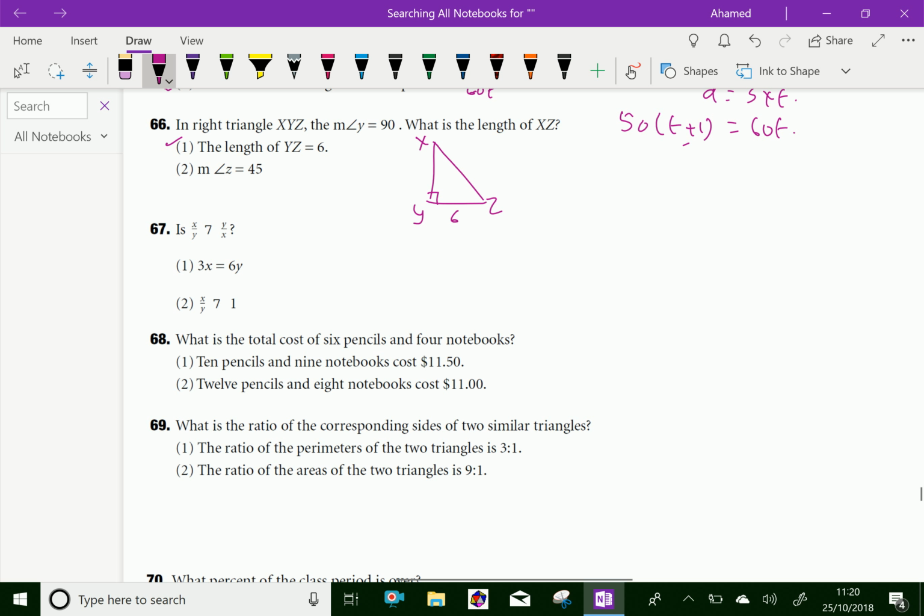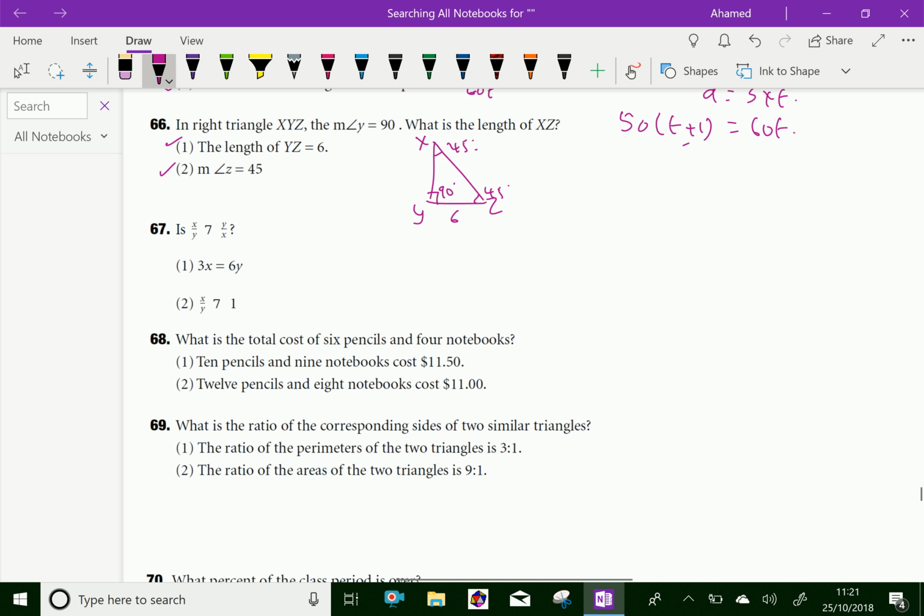Statement 2 says angle Z equals 45 degrees. If angle Z is 45 degrees, then of course angle X is also 45 degrees, since the total angle is 180 degrees. So 90 plus 45 plus 45 is 180.